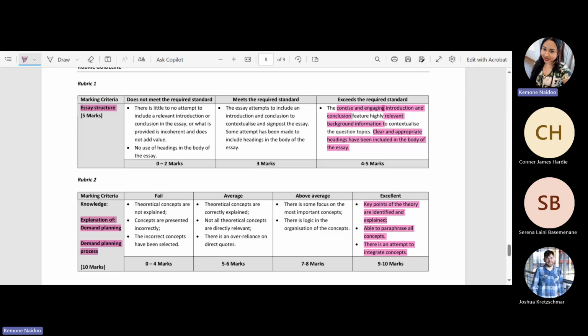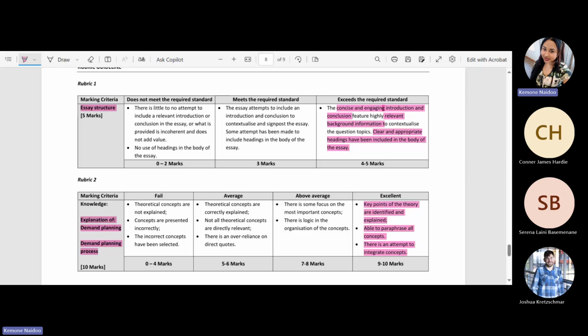Okay. Now all of this is 5 marks. So if you don't have titles and if it's not very concise, it's not engaging, you don't get the full 5 marks. So that's why I'm being so specific with an introduction, because you want your introduction to be very captivating. You want it to entice the reader to keep reading.